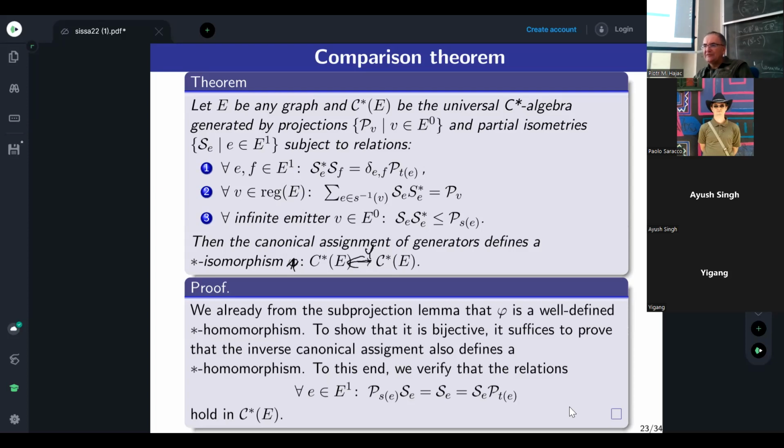It's non-trivial for infinite emitters. Here it's a proper assumption, it doesn't follow. So I have a well-defined star homomorphism from the calligraphic side to the non-calligraphic side, and to prove that it also exists in the opposite direction, which makes phi a bijection, I have to prove that the relations in this calligraphic universal C*-algebra imply the relation which I assume on the non-calligraphic side.